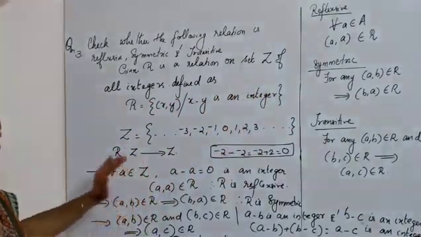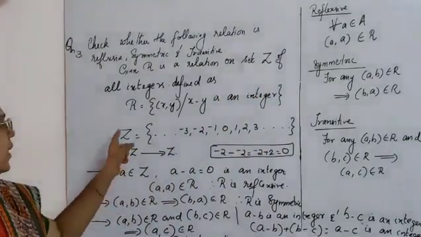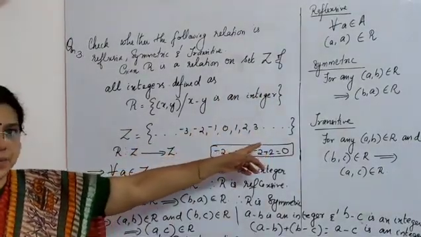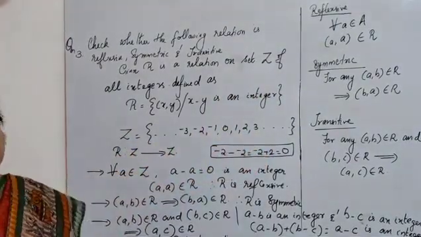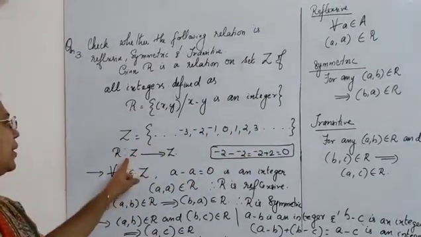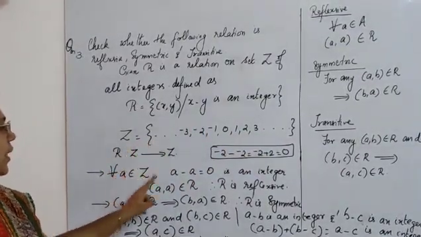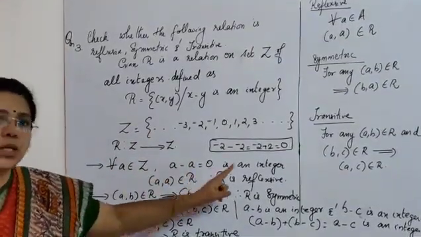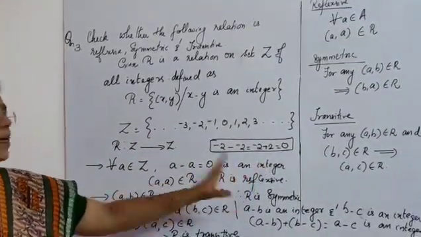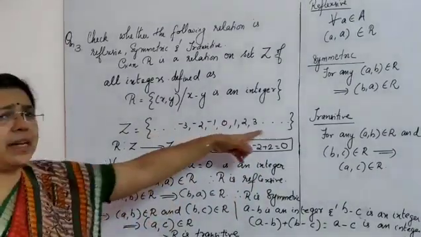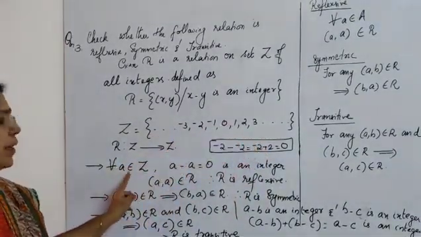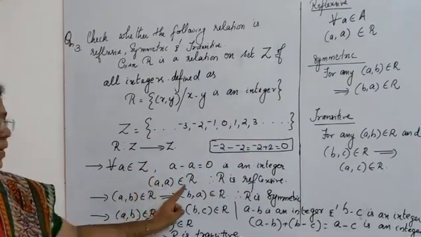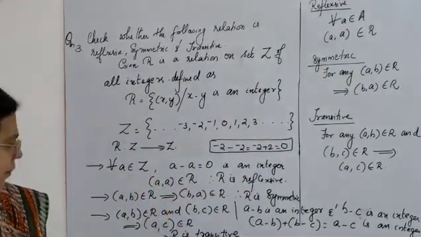Now, the relation is from Z to Z. For every element that belongs to Z, when you subtract any integer from itself, you get 0. 0 is an integer, and hence it is reflexive. It is satisfying all the elements A. For every A that belongs to Z, (A, A) belongs to the relation R.